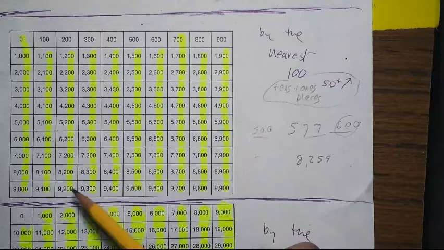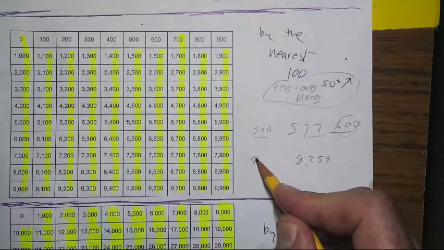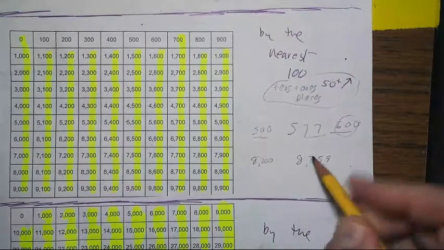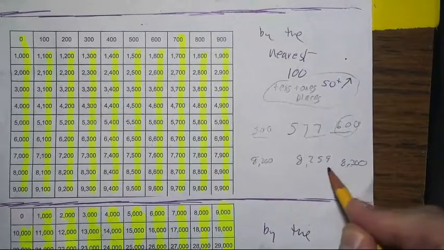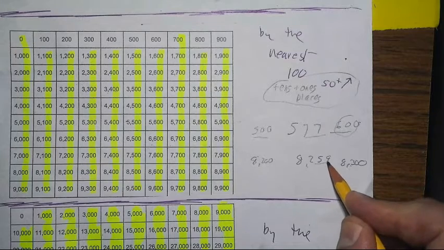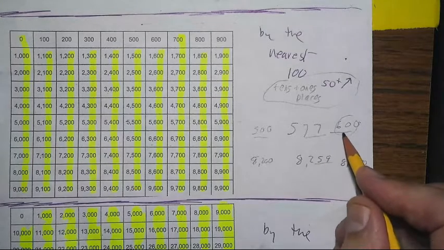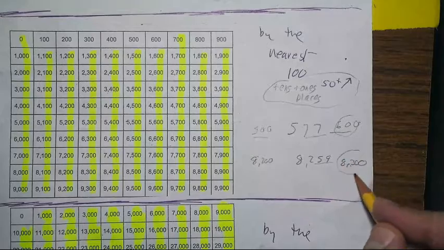That 8,259 is between 8,200 and 8,300. And look at those last 2 digits. 59, that's more than 50, so I round up to 8,300.